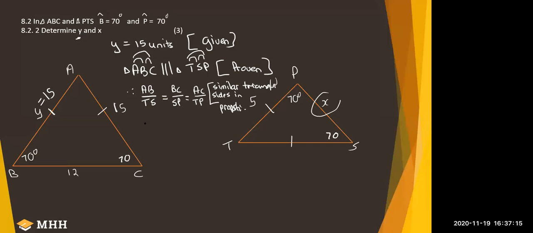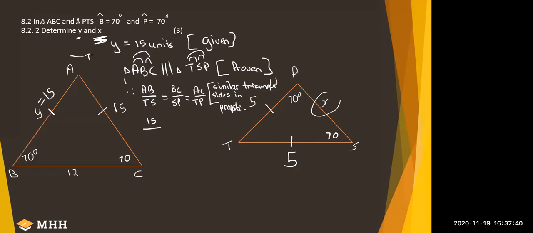I have AB is 15, and we must figure out X, so we're interested in PS. AB and TS. Okay, we'll have to say here because I haven't said it yet. So just say it here somewhere. Okay, I'll write it there.